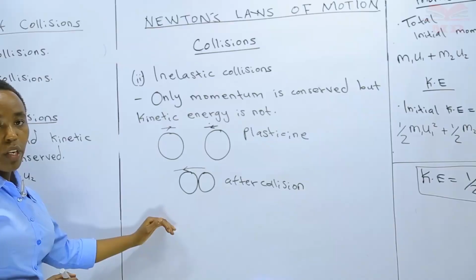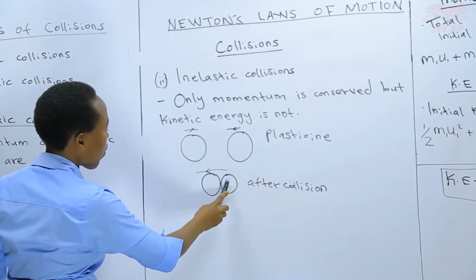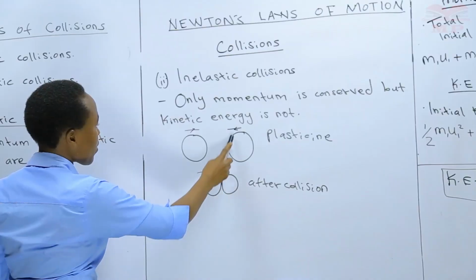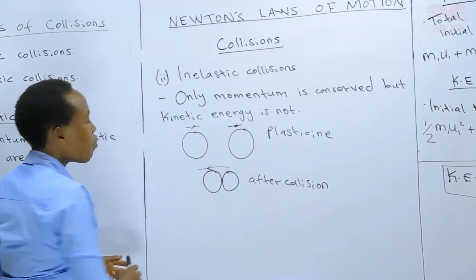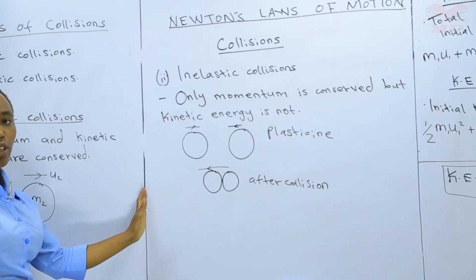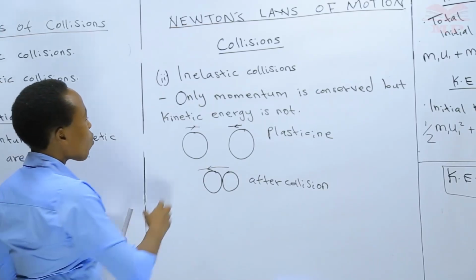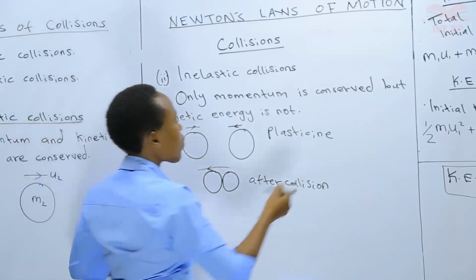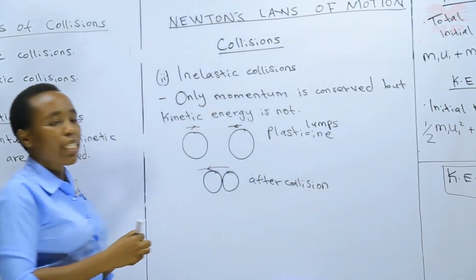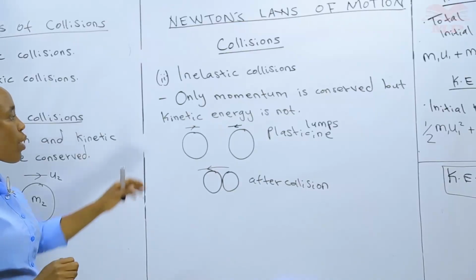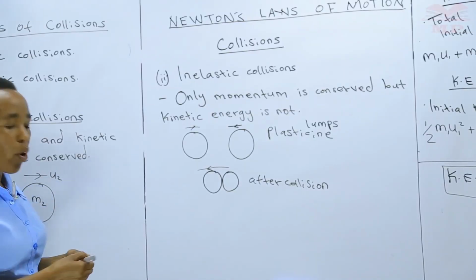That is after collision. In this case, you will find that once they collide, and we have seen that this velocity is more than this one, they'll move in one direction, that is towards the left. And therefore, we can say that in this case of the lumps of plasticine colliding, this is a perfectly inelastic collision.